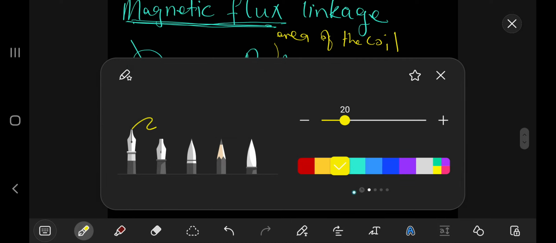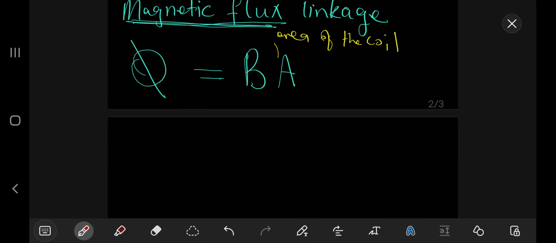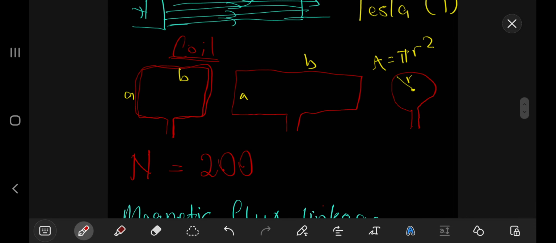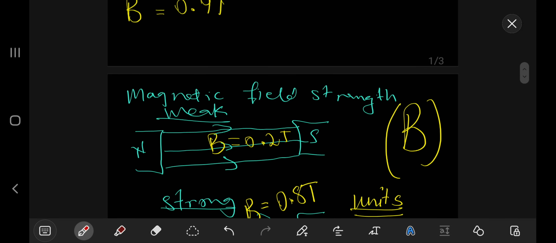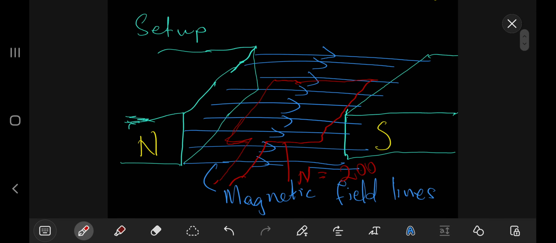And then cos theta. So the angle there is between the magnetic field, right? So from north to south, and the normal of the coil, the 90 degrees of the coil, right?